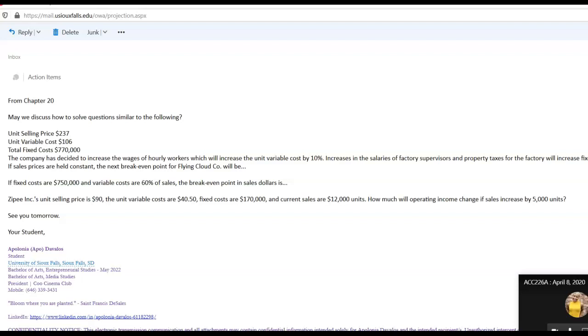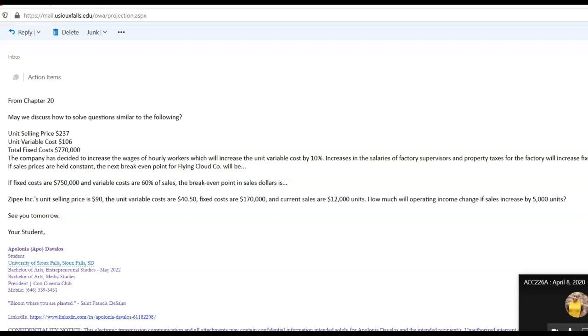Taking 106 times 1.1, that is 116.60. Everybody with me? So now what is our contribution margin? 237 minus 116.60 equals $120.40. Okay? Everybody there with me?